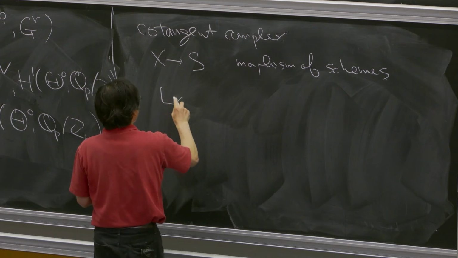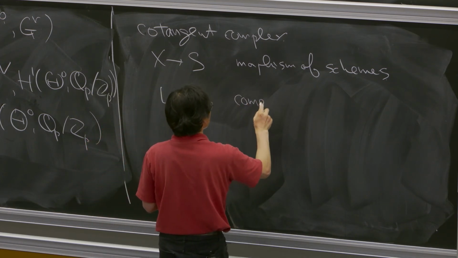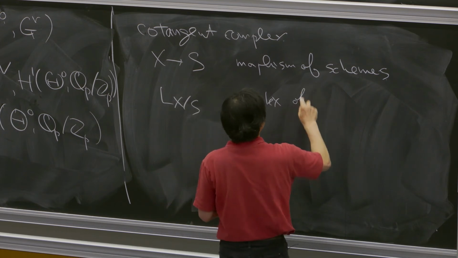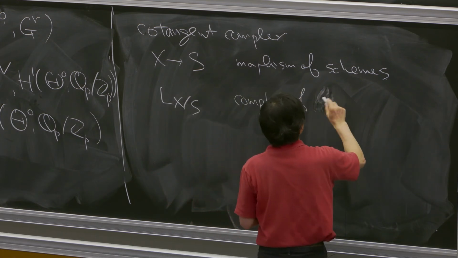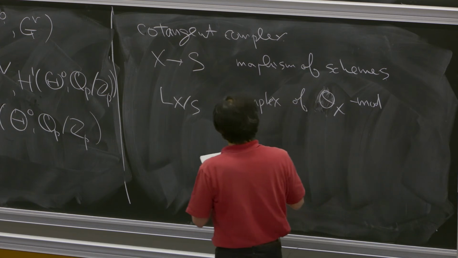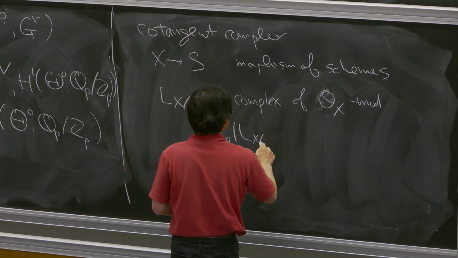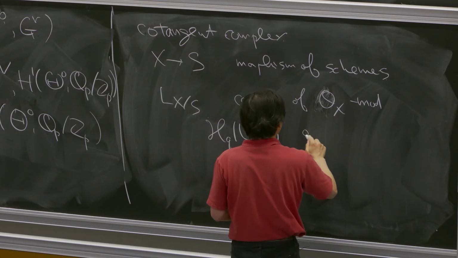And then the cotangent complex. This is a complex of O_X modules, and the homology sheaves are quasi-coherent.